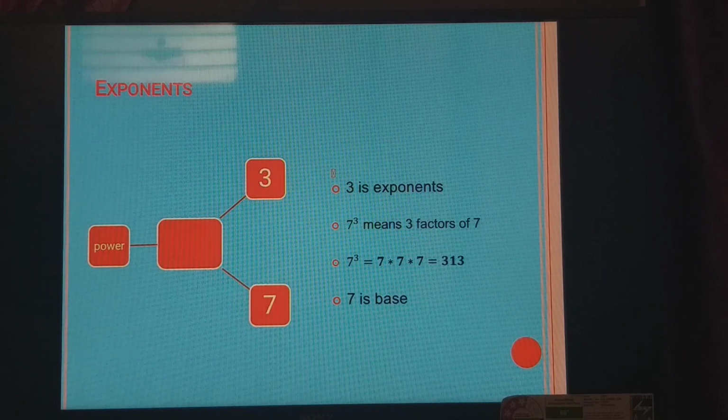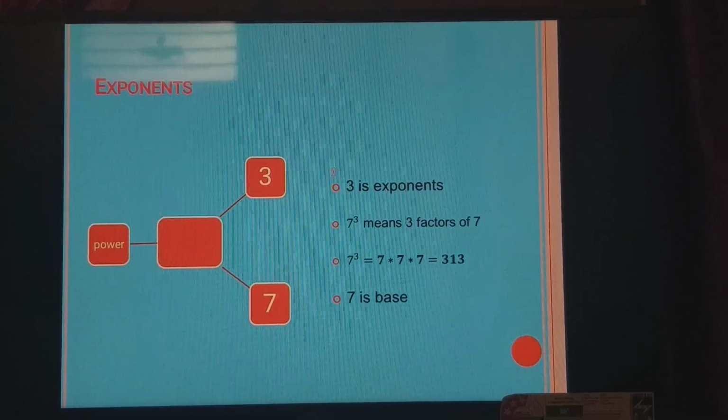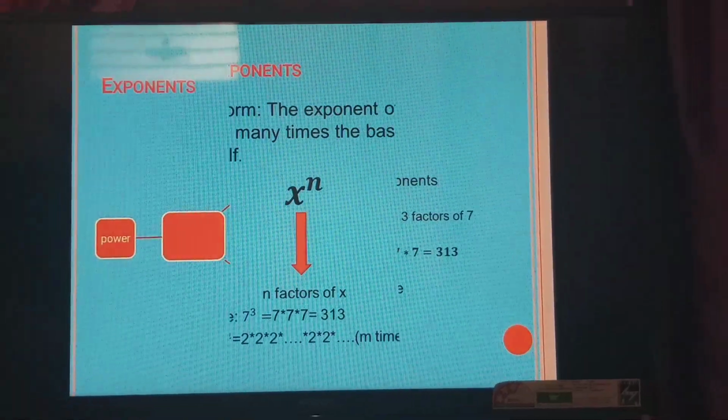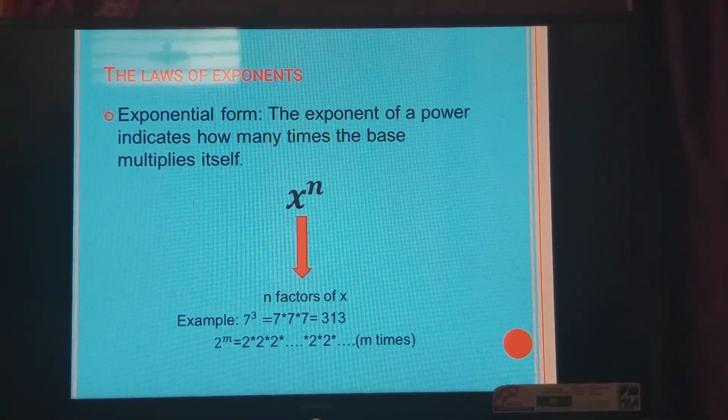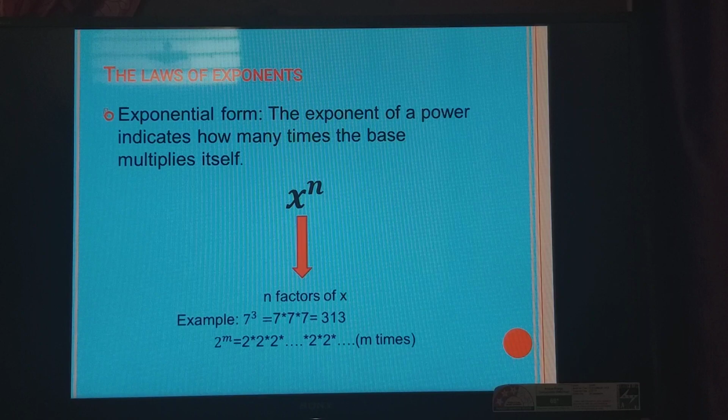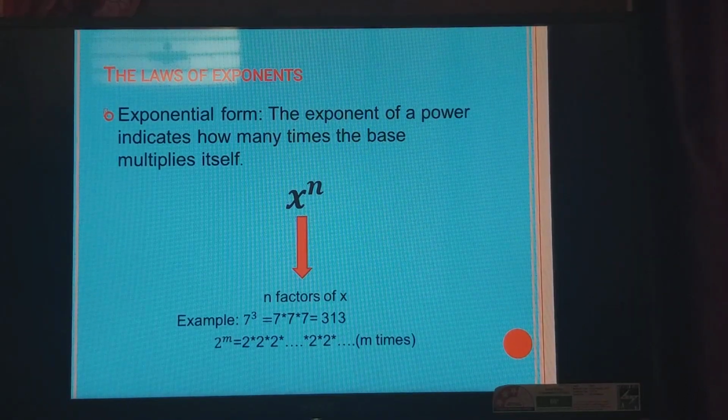What does 7 raised to 3 mean? 7 raised to 3 means 3 factors of 7. In a very generalized way, we call this exponential form. The exponent of a power indicates how many times the base multiplies itself.